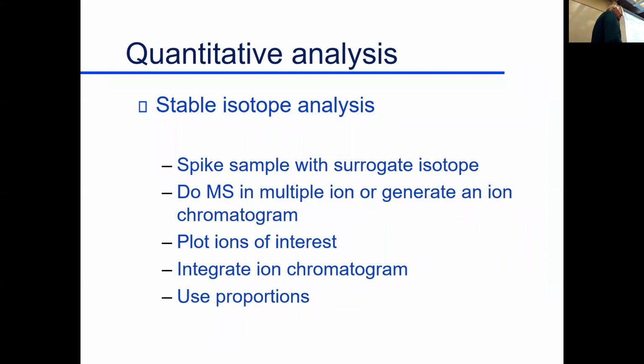For quantitative analysis by mass spectrometry, you get to do something that you can't do by any other detector, and that's using stable isotopes as your internal standard. When you choose an internal standard for your method, you always pick a compound that's closely related to the analyte you want to measure.